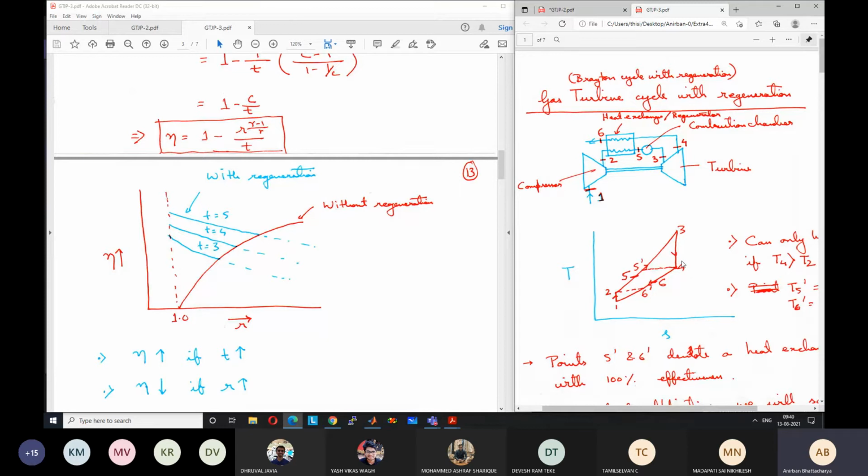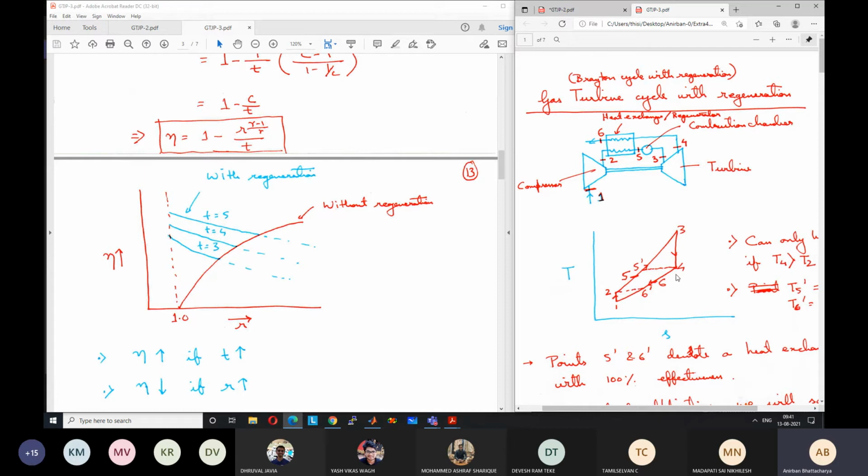You are on the correct track, but you are not able to explain so clearly. The heat exchanger won't be able to give much heat to the air. Correct, that is what I am looking for. It means the scope for regeneration is decreased. Keeping T3 constant, if you increase R, T2 keeps on increasing and T4 keeps on decreasing.